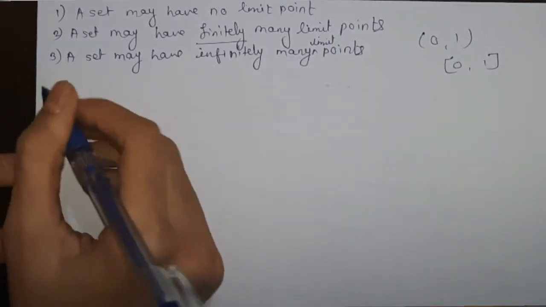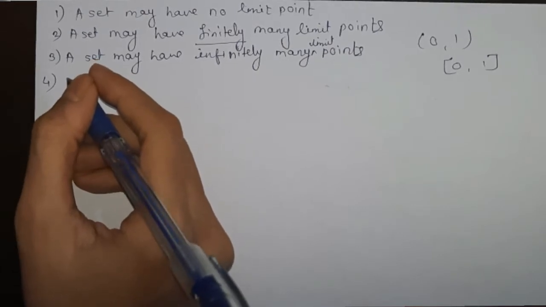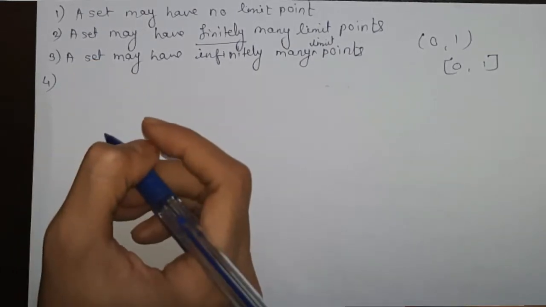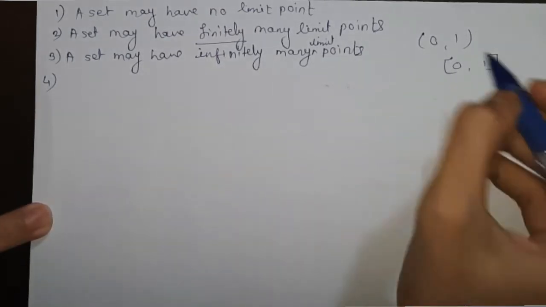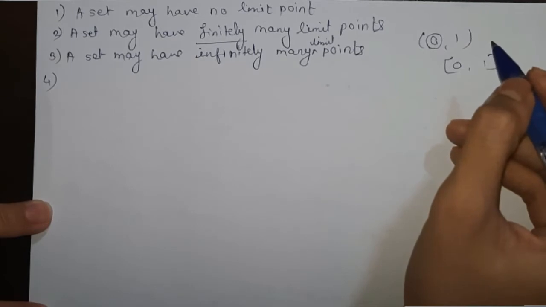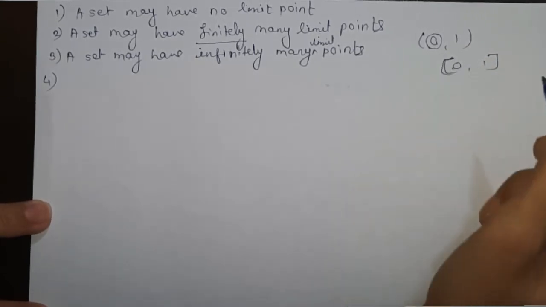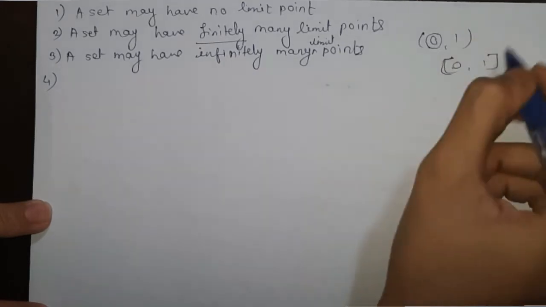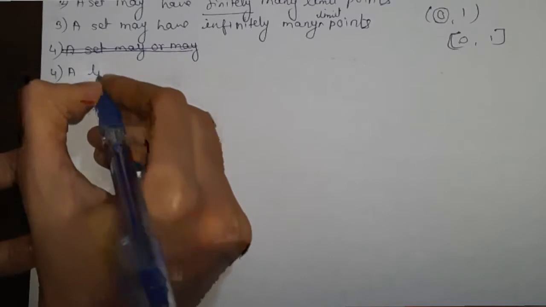This is the third property. Next, a limit point of a set may or may not be a member of the set. If you see here, this 0 is not a member of this set, but it is also a limit point of this set. This is a proper example of this property.